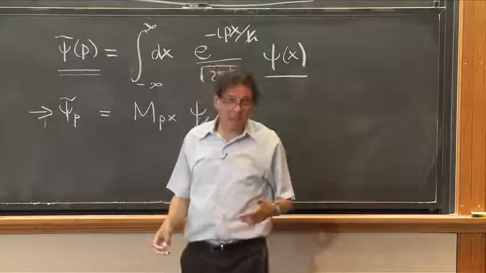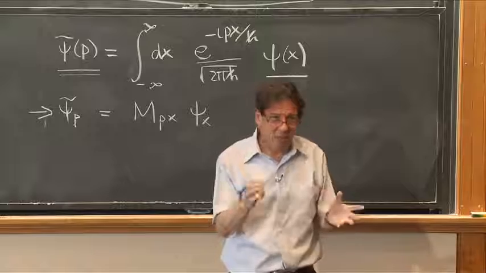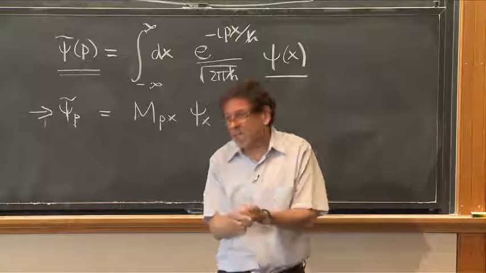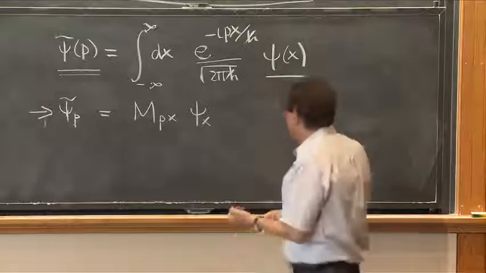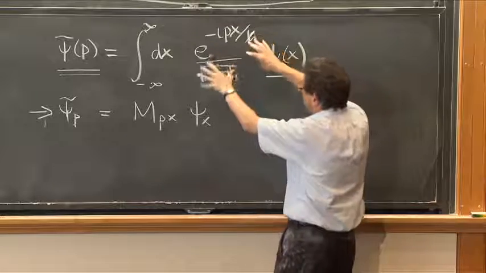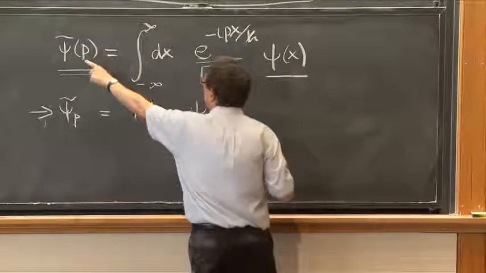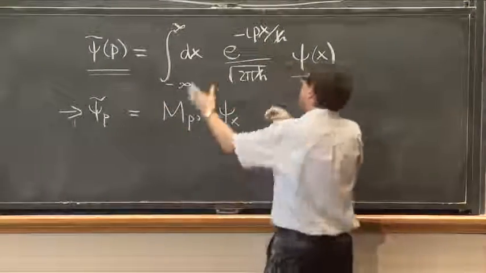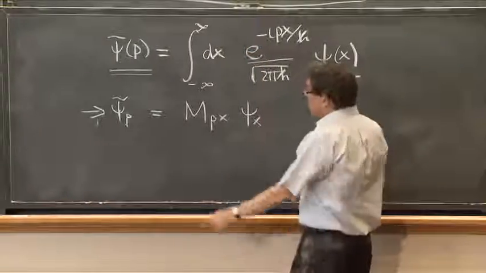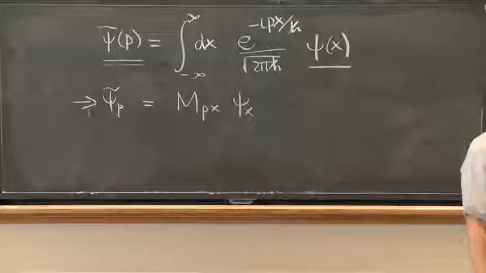So different representations means using different vectors to represent the physics. This vector is a very nice one, and because of these properties of the momentum operator, this vector is also a very nice one. And there's an integral transform or some sort of infinite matrix product that relates them.